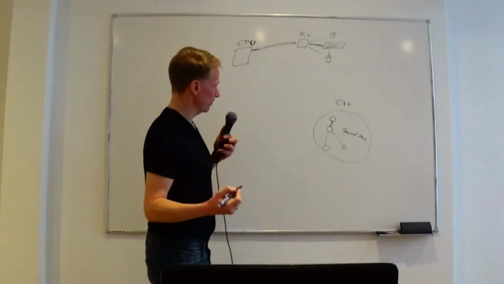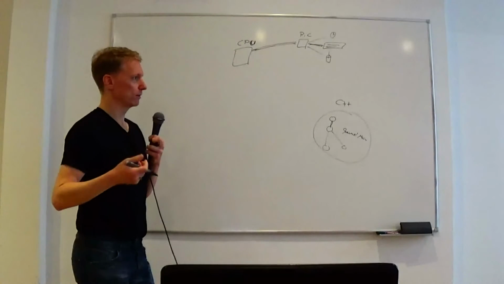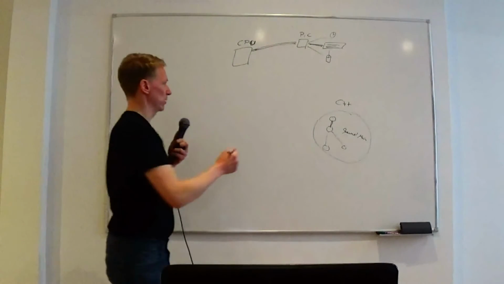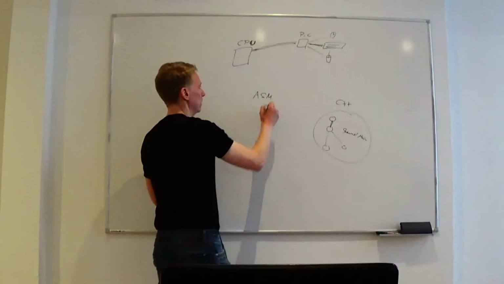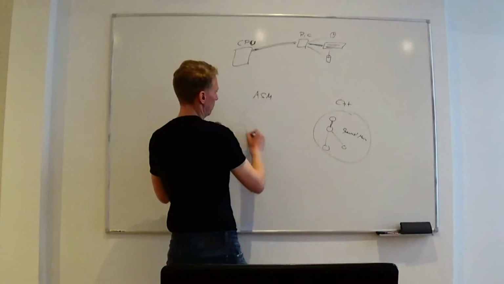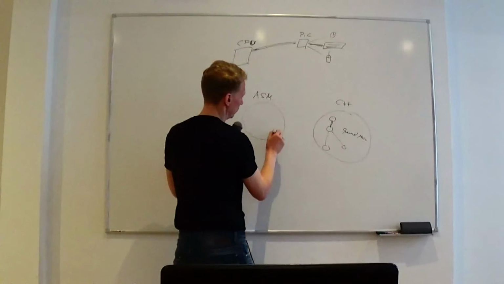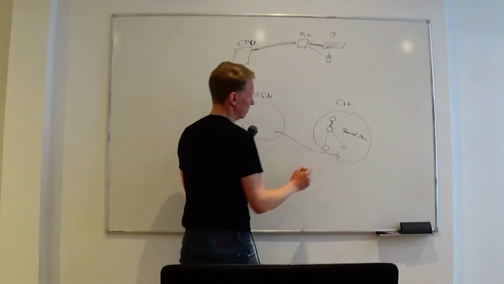Now an interrupt occurs, and the interrupt kicks us out of this C++ world into something like an assembler world. That's why we wrote the assembler code, which did all this hard stuff just to get back into the C++ world.